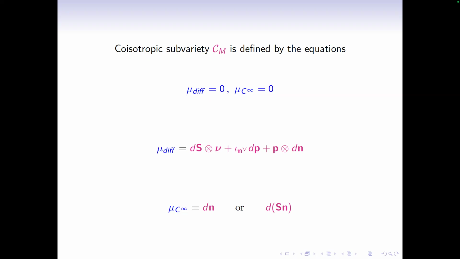Let's say lambda belongs here. So the value of the pairing on the pair is equal to the integral over M of the contraction of v with pi plus psi times lambda.